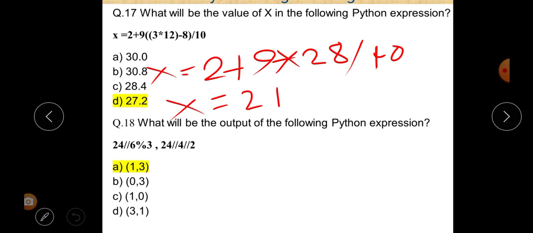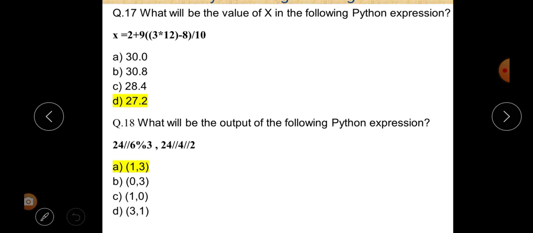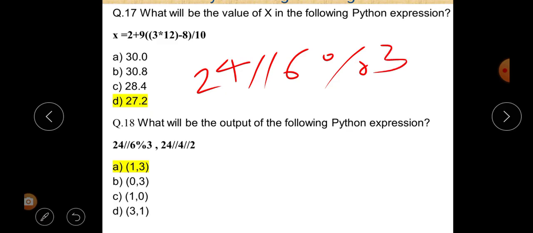What will be the output of the following Python expression? The first expression says 24 float division 6 modulo 3. An expression is always evaluated from left to right, and both operators have the same precedence.